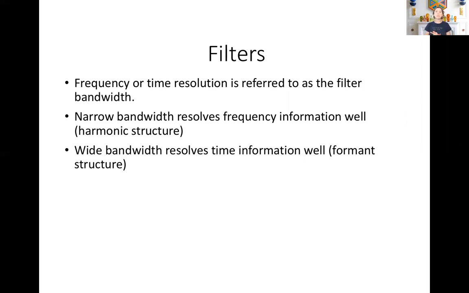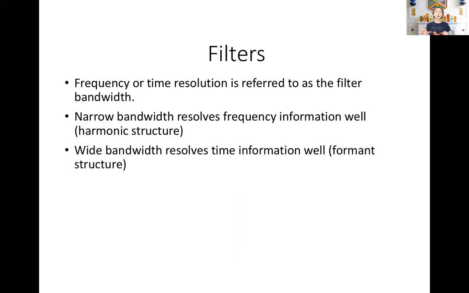And that bandwidth specifies the range of frequencies that are allowed to pass with varying amounts of attenuation. So essentially the bandwidth, again, is determined by that slope of the filter. Bandwidth is the width in hertz of the filter's peak, such that half of its acoustic energy is contained within that bandwidth.